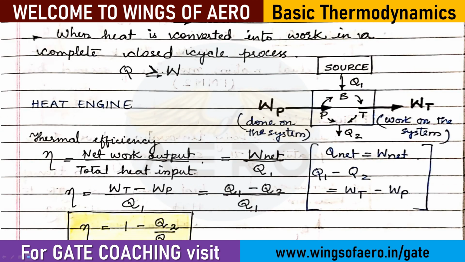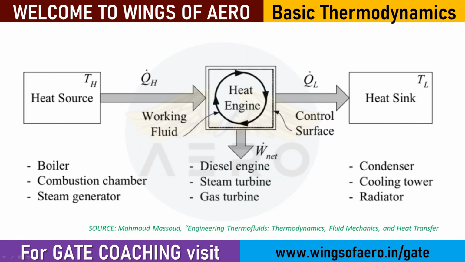Now looking into the heat engine first. How does this heat engine work? For any heat engine, there can be different types: a boiler, a combustion chamber, a gas turbine, or any other place where heat can be generated. We consider a diesel engine, petrol engine, steam turbine, or gas turbine.